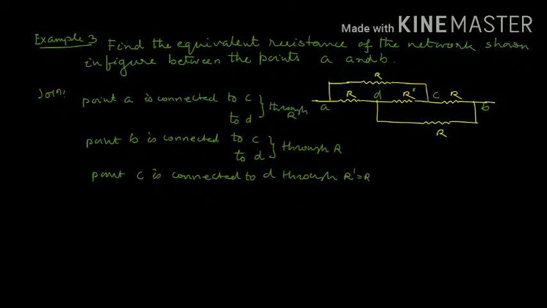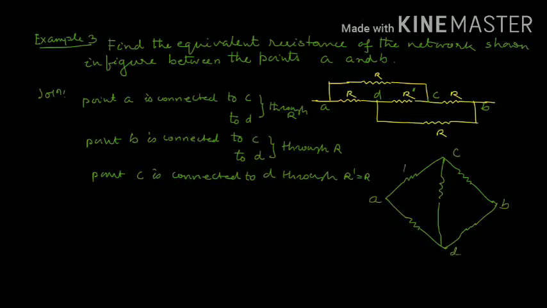Now this figure is nothing but a Wheatstone bridge. Let us draw the diagram. So this is A, this is B, and this is C, D, R, R, R, R, and this is R dash.